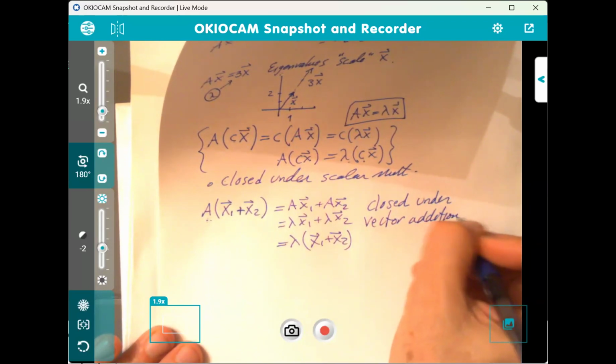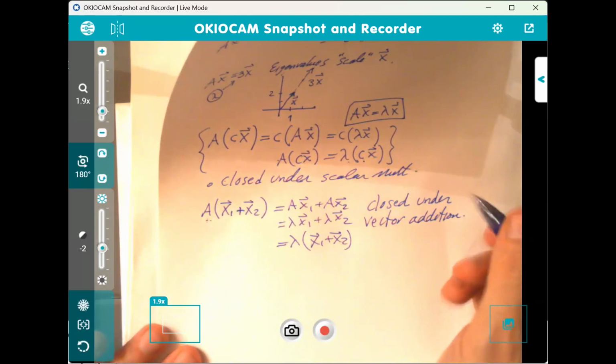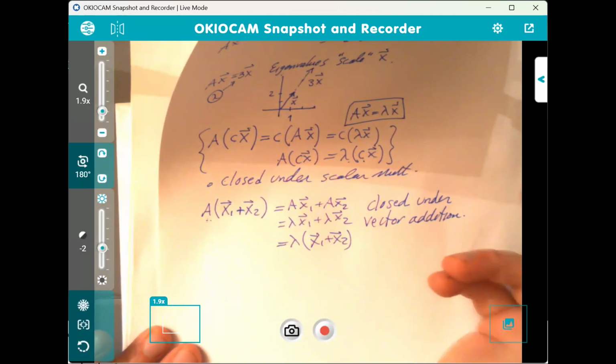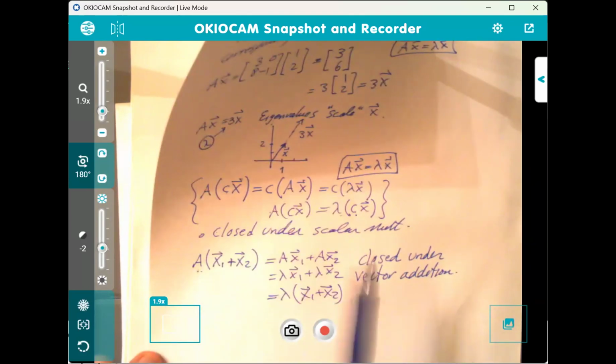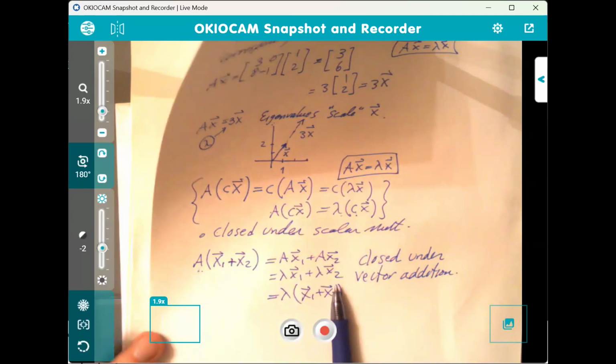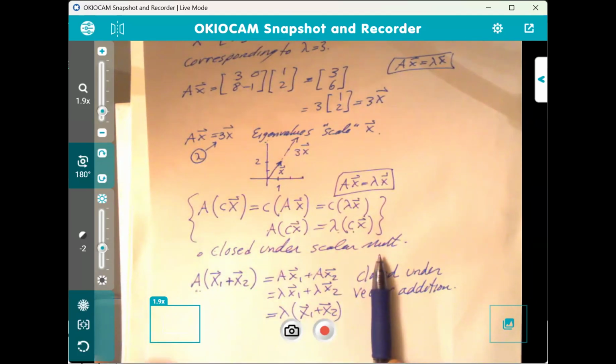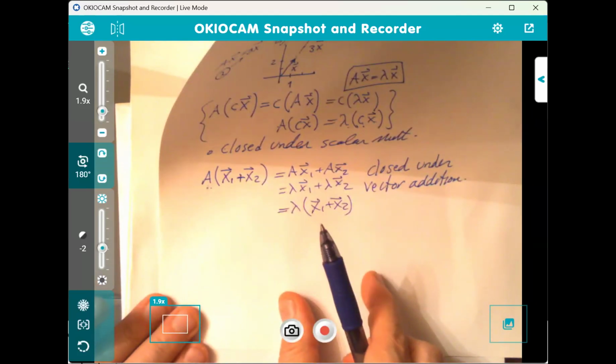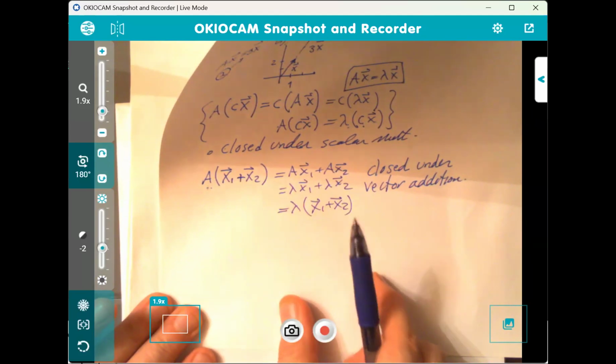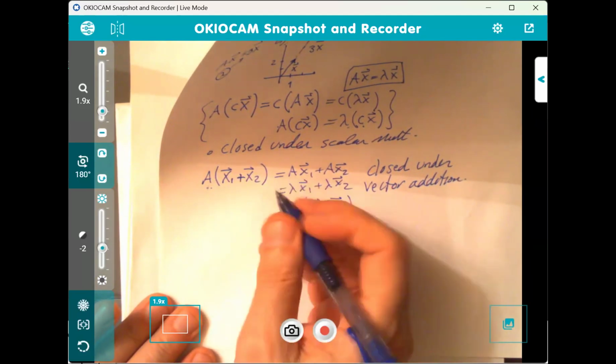And remember the requirements to be a subspace, we needed more. We have to have closure under vector addition, and we have to have closure under scalar multiplication. The other requirement was that the set has to be non-empty, right?